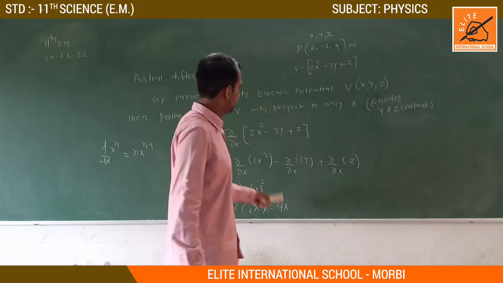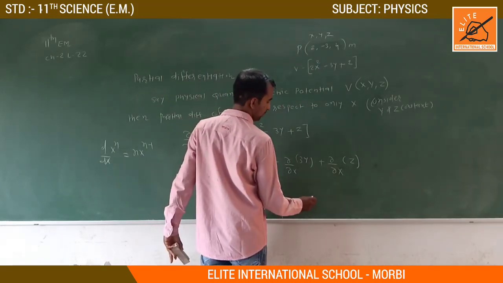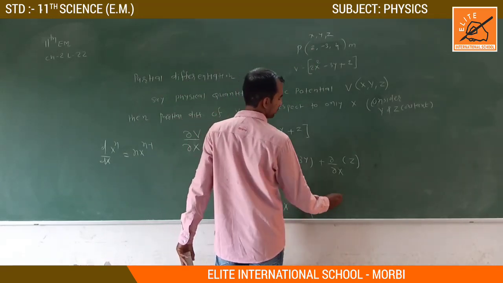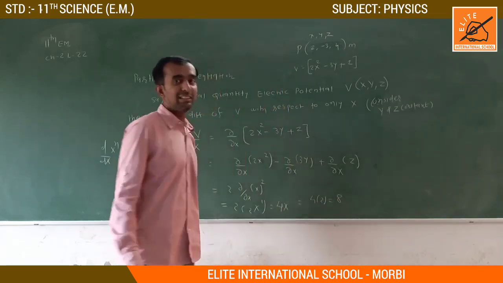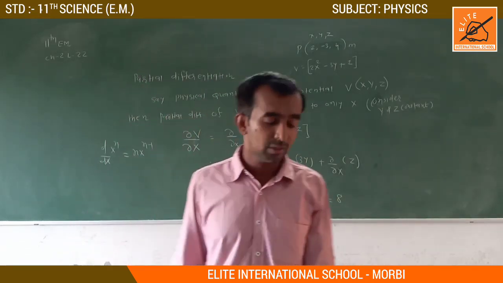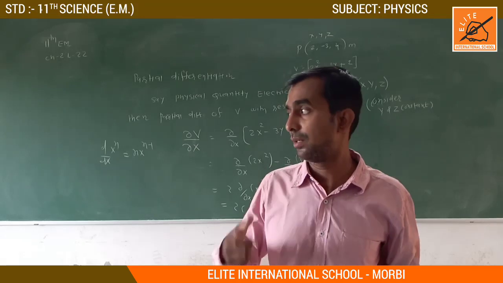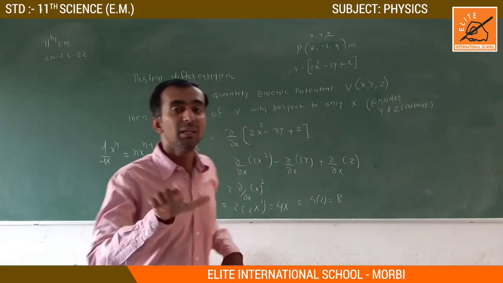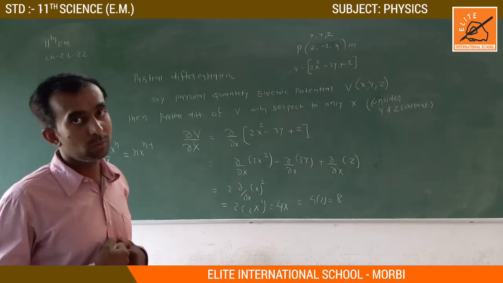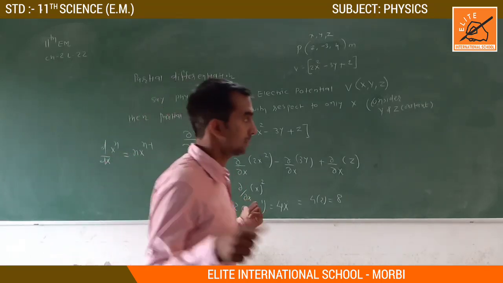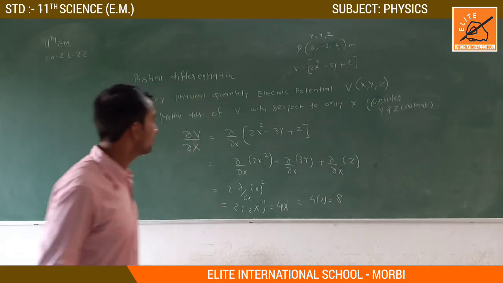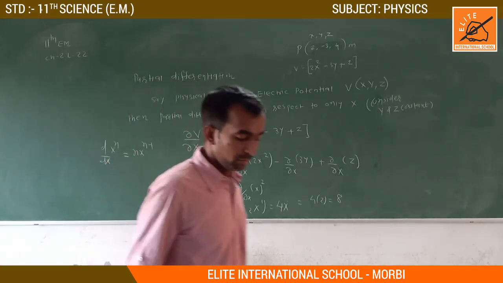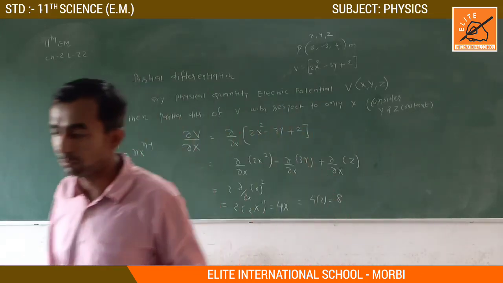It is 2. So put it here. Answer is 8. Here we are not considering the actual potential. We are just taking the example. Okay, here a minus sign will be there. But your aim is to learn the differentiation, nothing else. Keep in mind. First write it, then I will explain one more time.